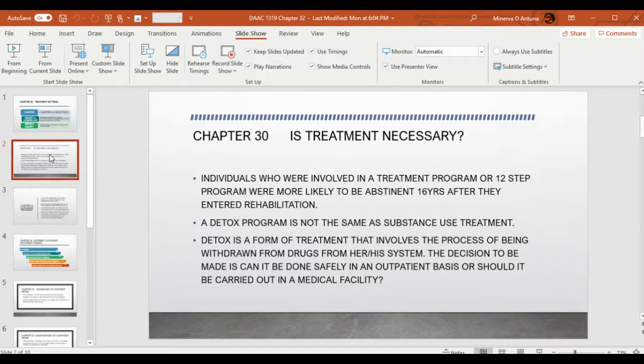Detox is a form of treatment that involves the process of being withdrawn from drugs from his or her system. The decision to be made is, can it be done safely on an outpatient basis, or should it be carried out in a medical facility?